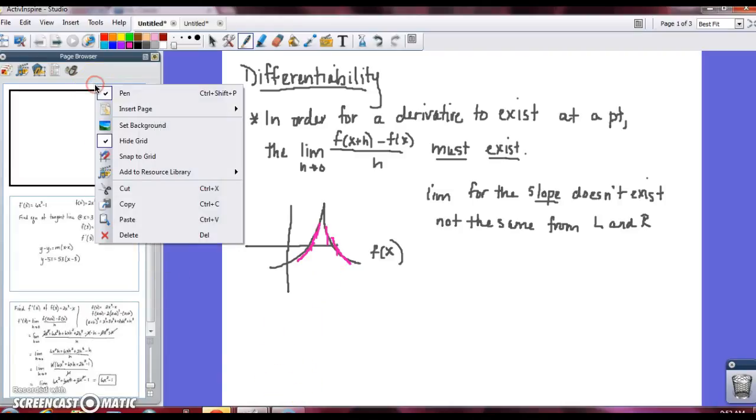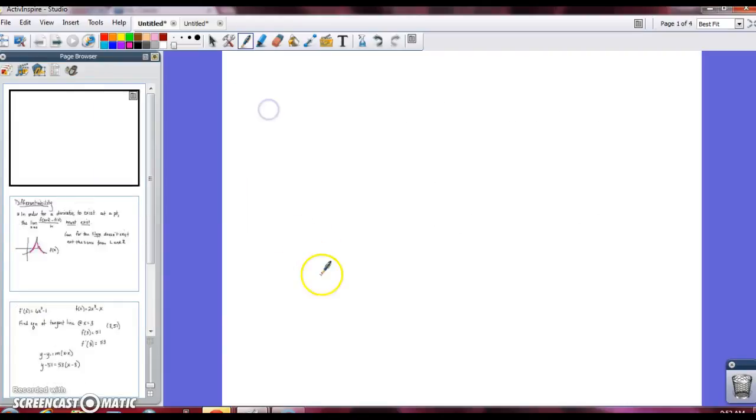If you have a function, here are my axes, that's almost vertical, not exactly vertical, but almost vertical, it also doesn't exist.